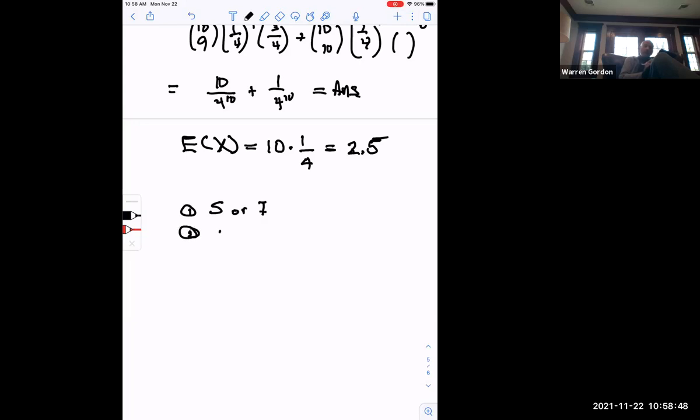Each trial is an independent event. And the probability of success is always the same for every trial. Any distribution that has this property is a binomial distribution. Very important distribution.